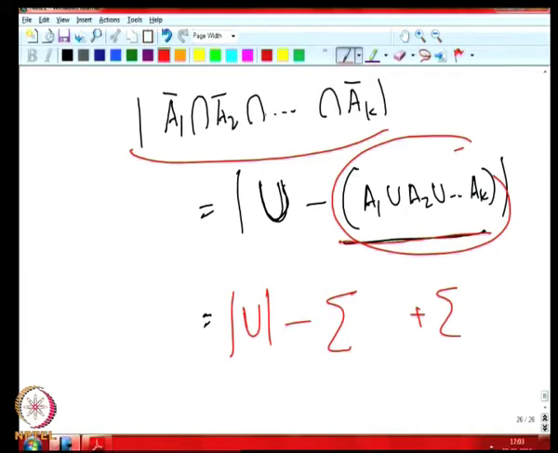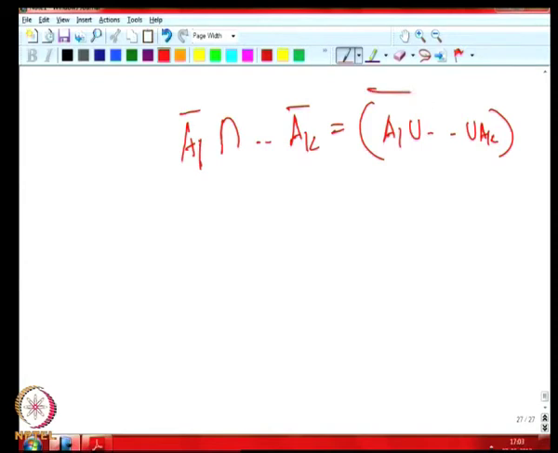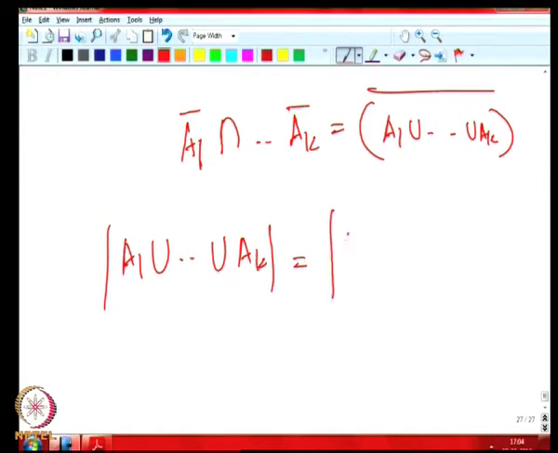So this is the complement of this, right. As we know, A1 bar intersection AK bar by De Morgan's rule is essentially A1 union AK complement. So if you want to find A1 union AK cardinality, we are just finding U minus this cardinality.